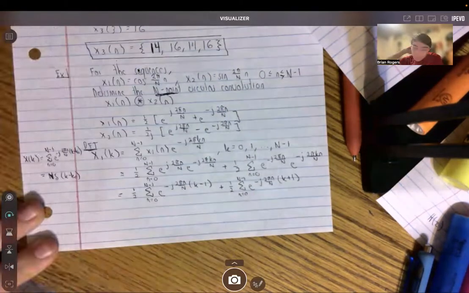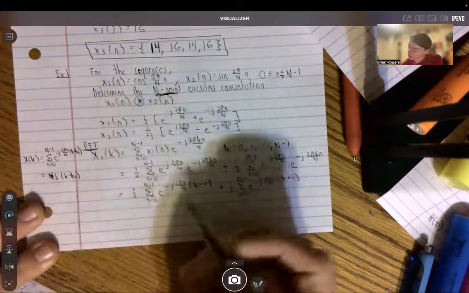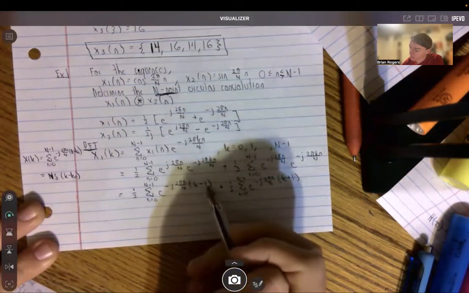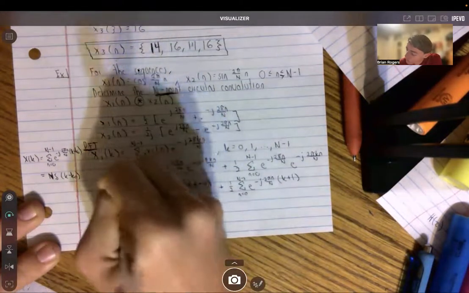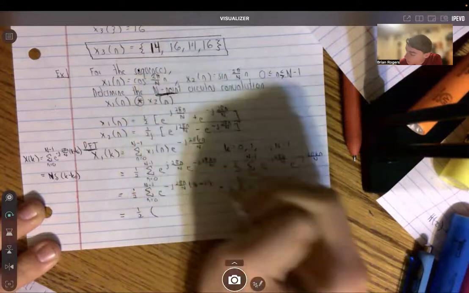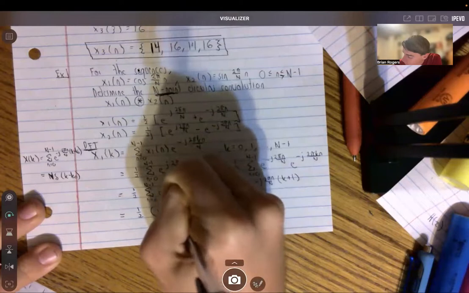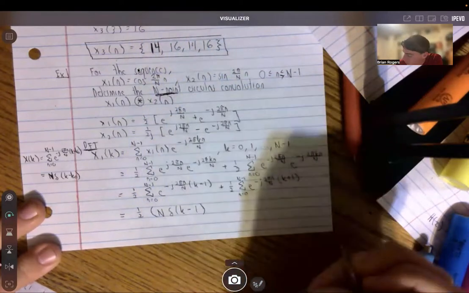And so what we have here is we wrote it in this format, e to the negative j 2 pi n over capital N, k minus k0, where k0 is a constant, which is 1. So this is going to equal 1/2, and then we replace this entire summation with what we have here: N delta of k minus 1.